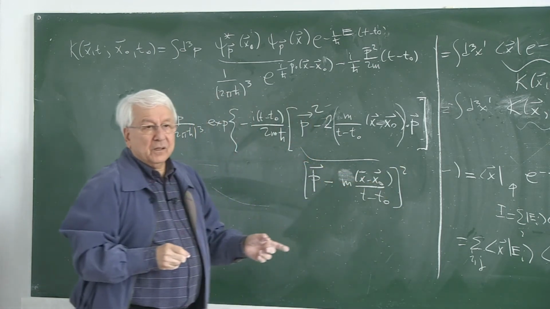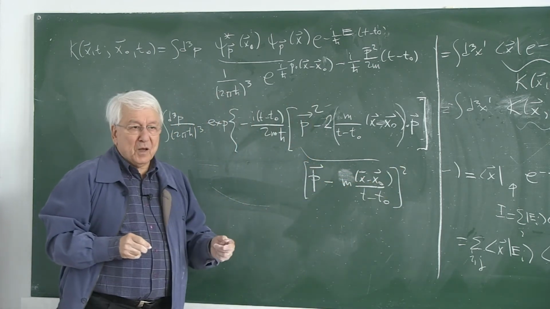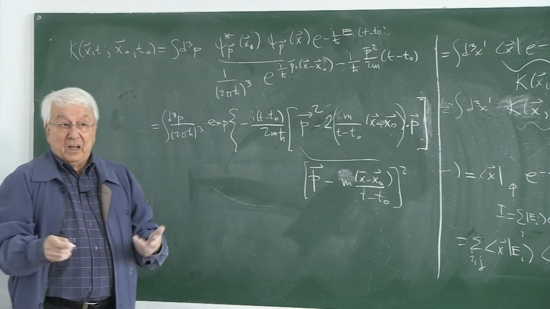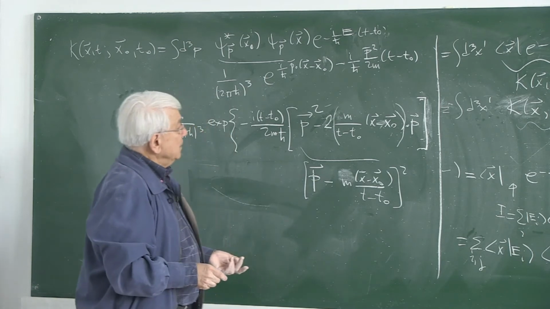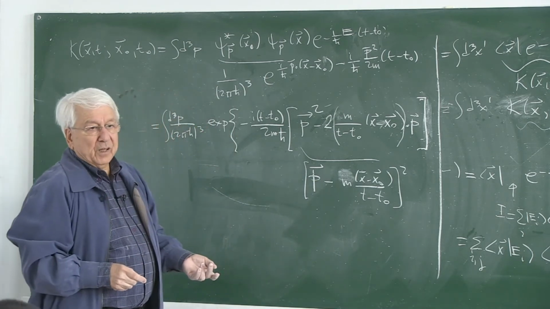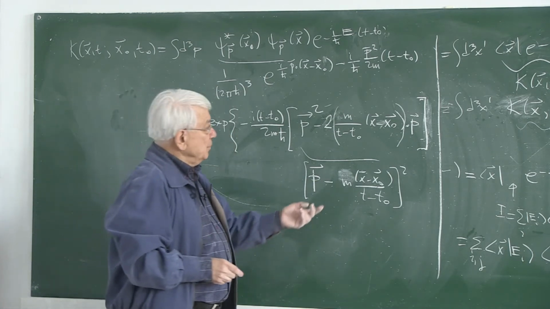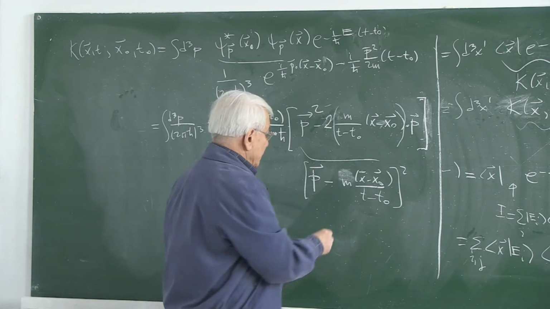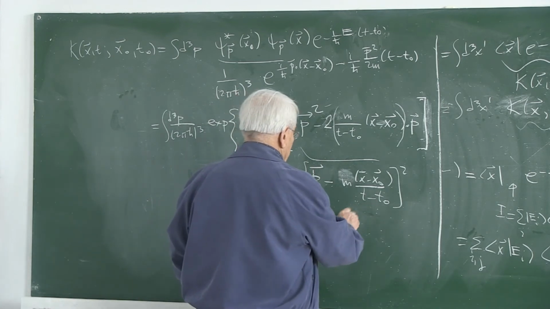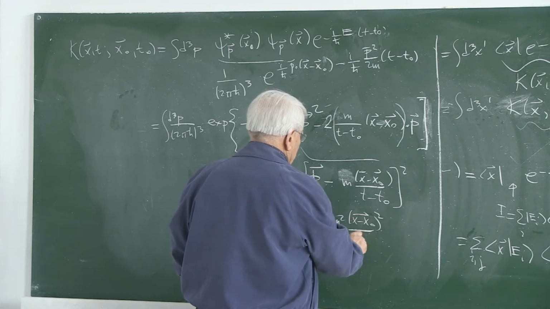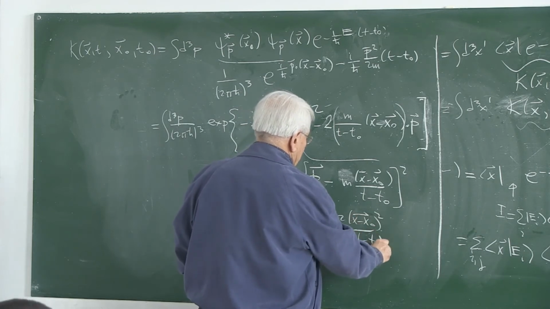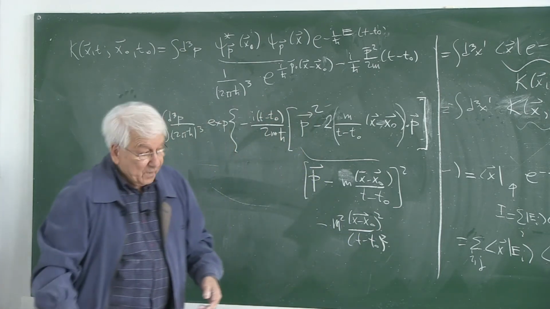Because x divided by t is velocity, times mass is momentum. So you have done it correct, so that momentum minus something like a momentum, squared. Well, of course, I have to compensate by the missing term. What is the missing term? There is a plus of this. I have to subtract the minus of this: m squared (x minus x0) squared divided by (t minus t0) squared. Nice?